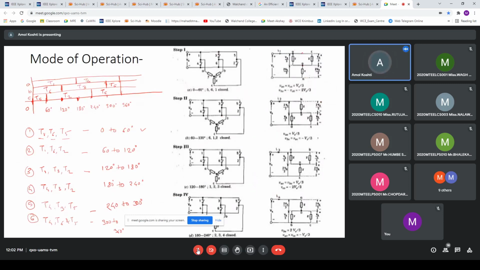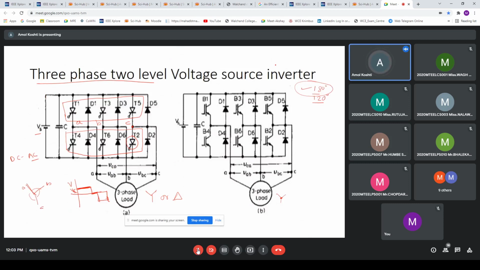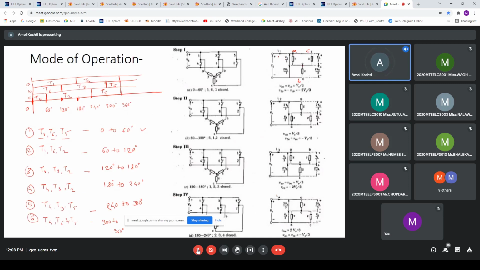I will write here, since it is hazy and not clearly visible: here VA, here it is C, and here it is B. Our input is VS. So VS by 3 drop takes place across VAO, VCO also has VS by 3 drop, and then VBO has 2VS by 3 drop.